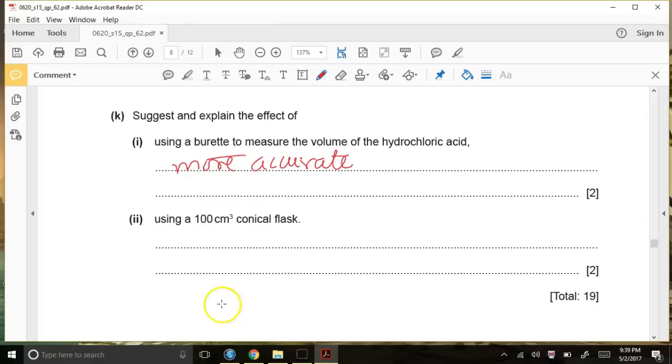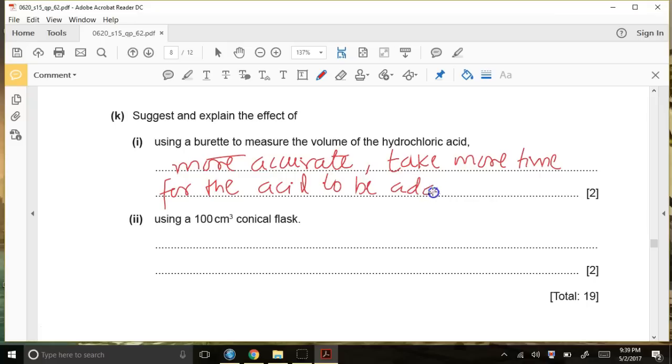But although it's more accurate, remember it will take more time for the reaction to happen, or it will take more time for the acid to be added. So that's the down part of it. But that's 2 marks, so you have to write 2 different things there.